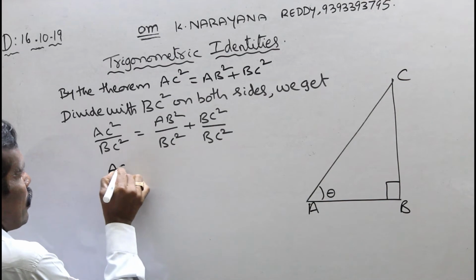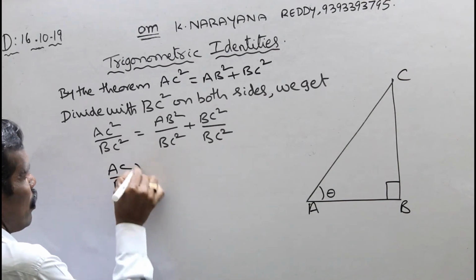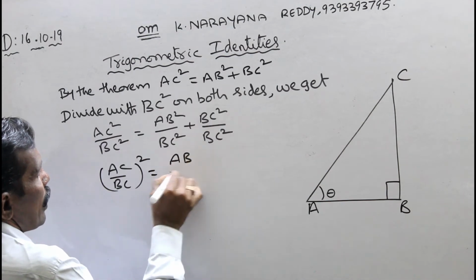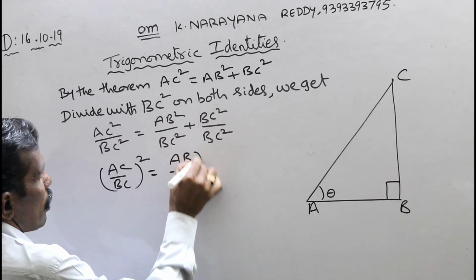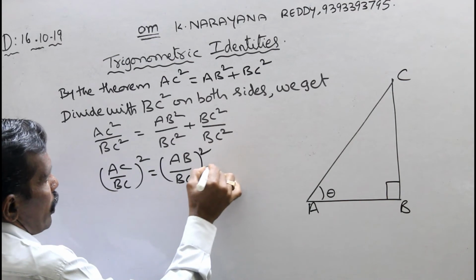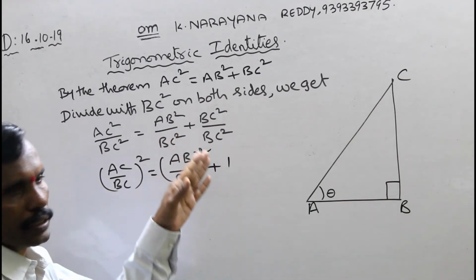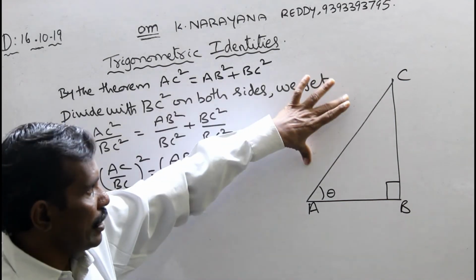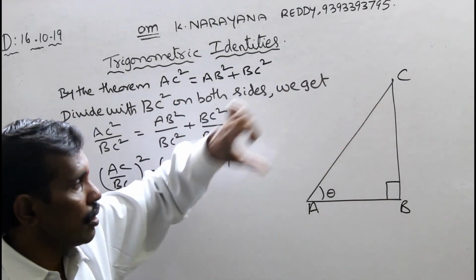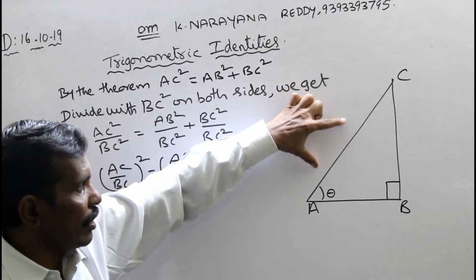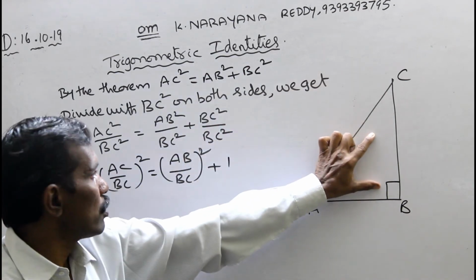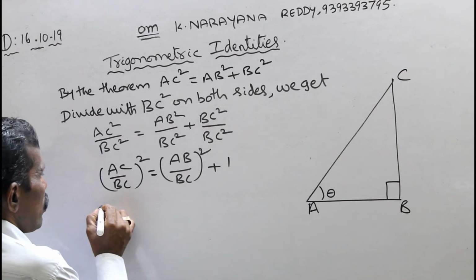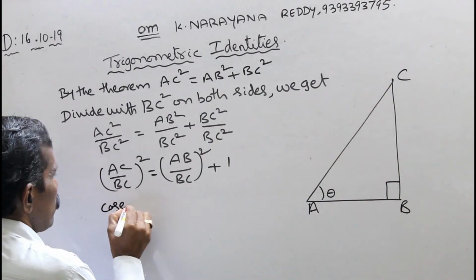AC by BC whole square equals to AB by BC whole square, plus BC square cancel, that's 1. Now what is AC by BC? Diagonal by opposite. Cosecant theta. Yes or not? Cosecant square theta.